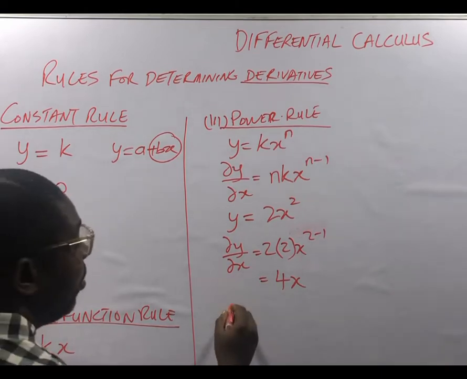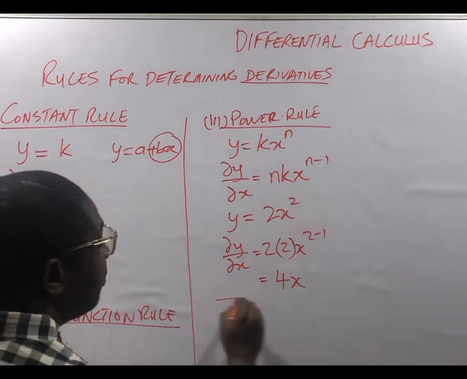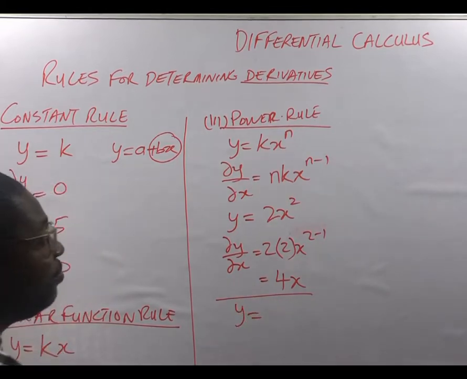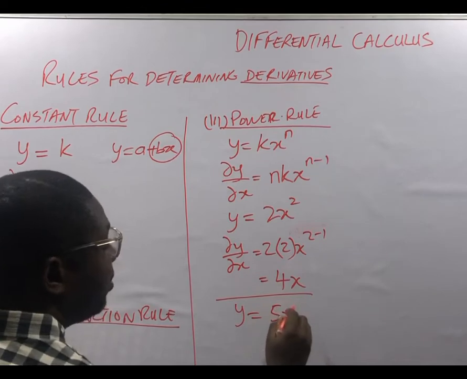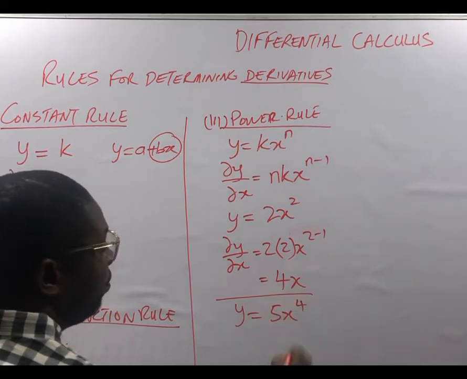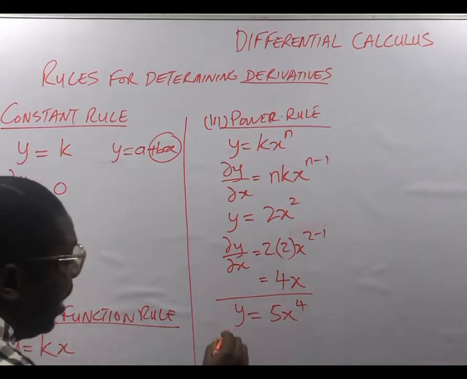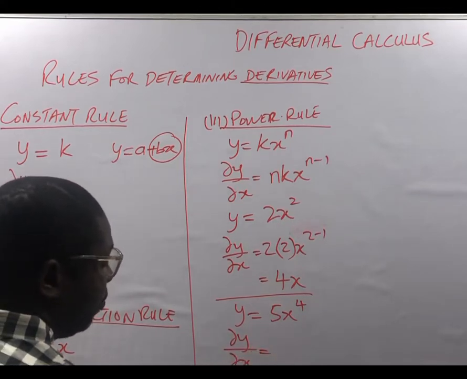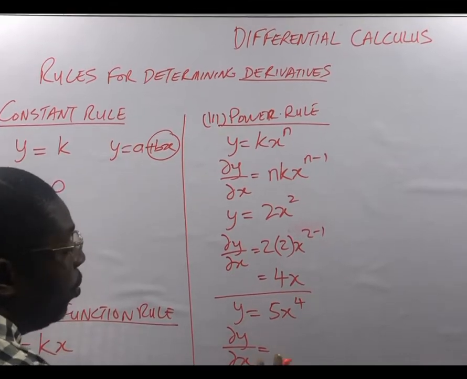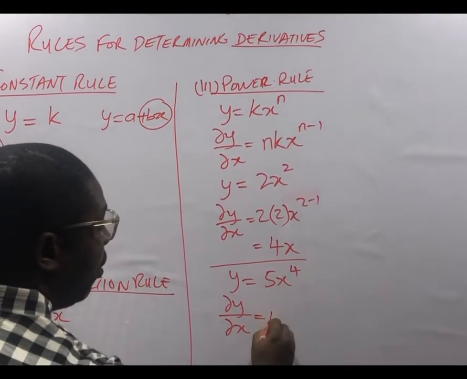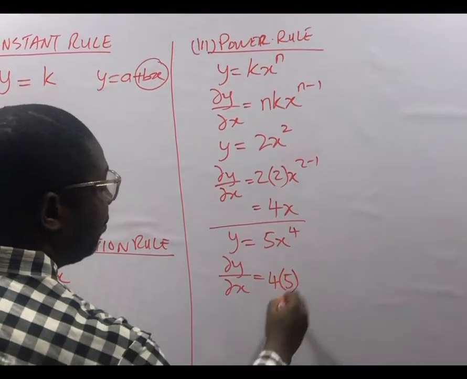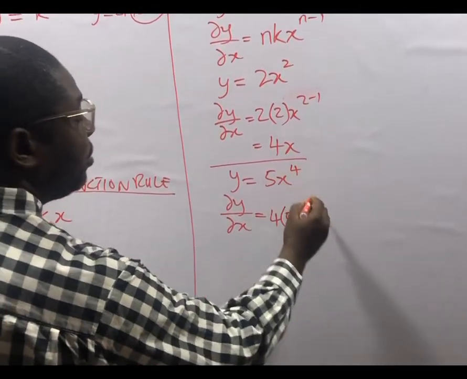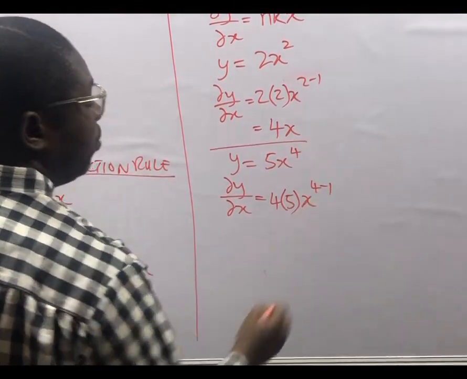Another example is to have y is equal to 5x raised to power 4. Now, to find the derivative of this function, that's dy/dx of this function, will be 4 times 5, then you have x, and then 4 minus 1.